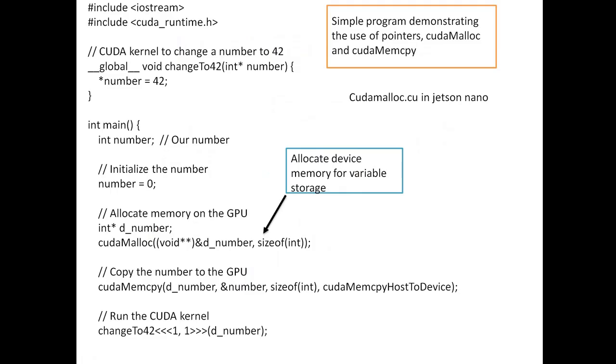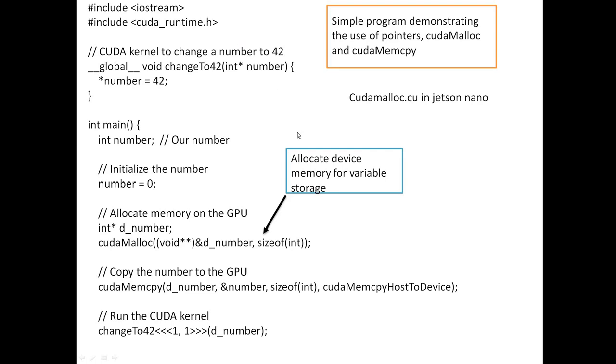Look at a typical program, where you have a number in the CPU, number is equal to 0. You would like to take it to the GPU and just print that value, let's say. The steps involved: you have to use a library called cuda_runtime.h.